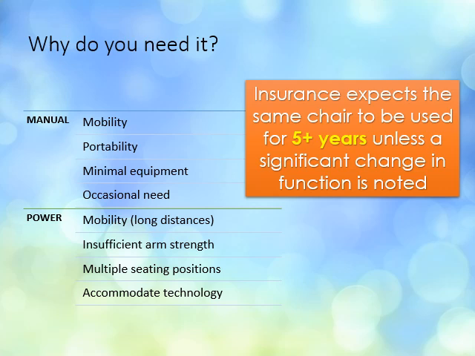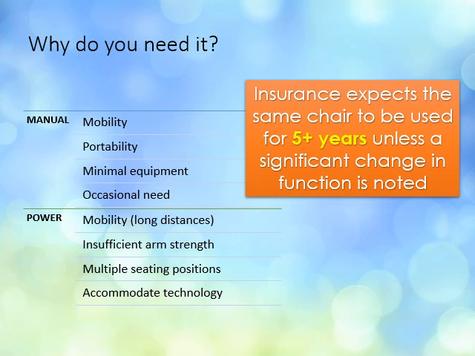Because insurance companies expect the user to use the chair for at least 5 years unless there's a significant change in their condition or function. All of these complex rehabilitation technologies need justification for medical necessity, and the therapist has to justify why this chair is needed.